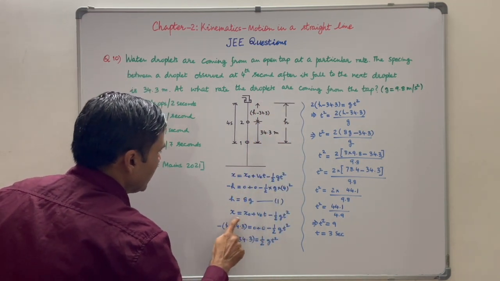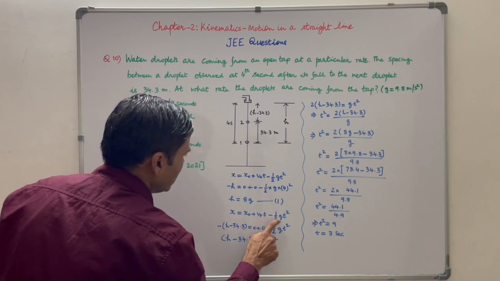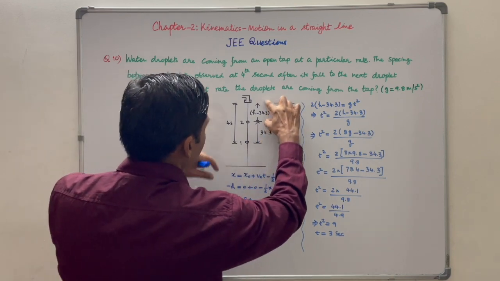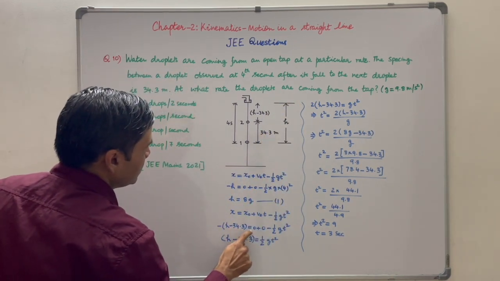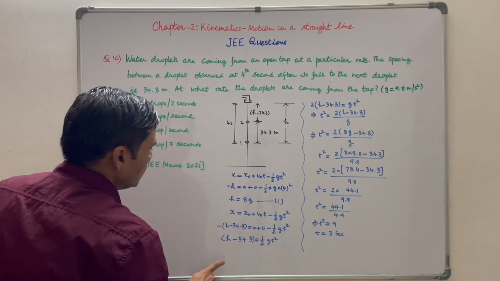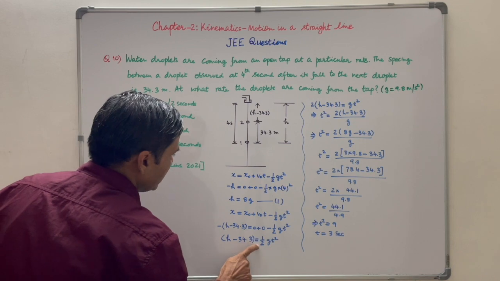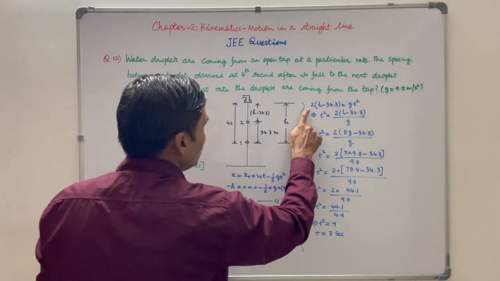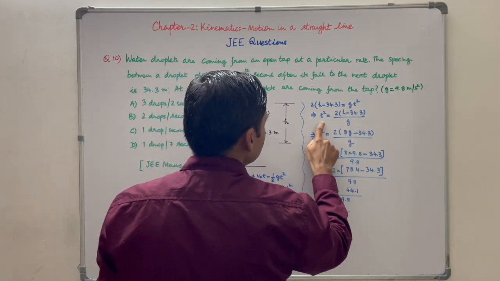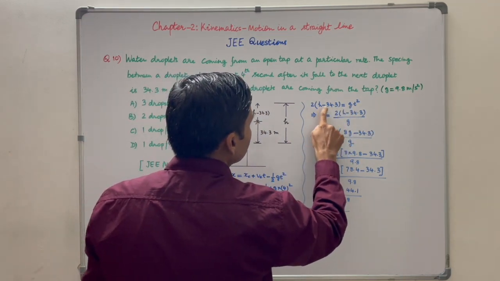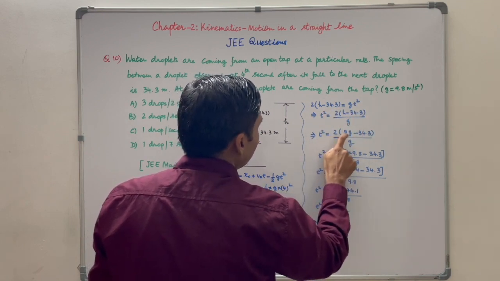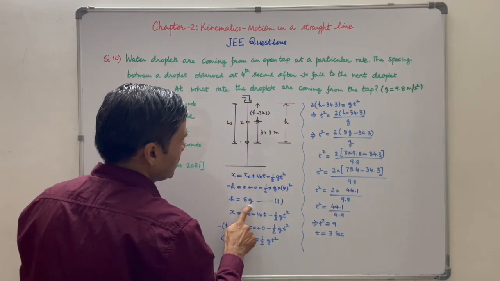Again, consider this section. Using the same formula, x = x0 + v0t - 1/2 gt². Here x is -(h - 34.3), x0 is 0, v0 is 0, minus 1/2 gt². So h - 34.3 is half gt², or 2(h - 34.3) = gt², or t² = 2(h - 34.3)/g. h is equal to 8g from equation 1.